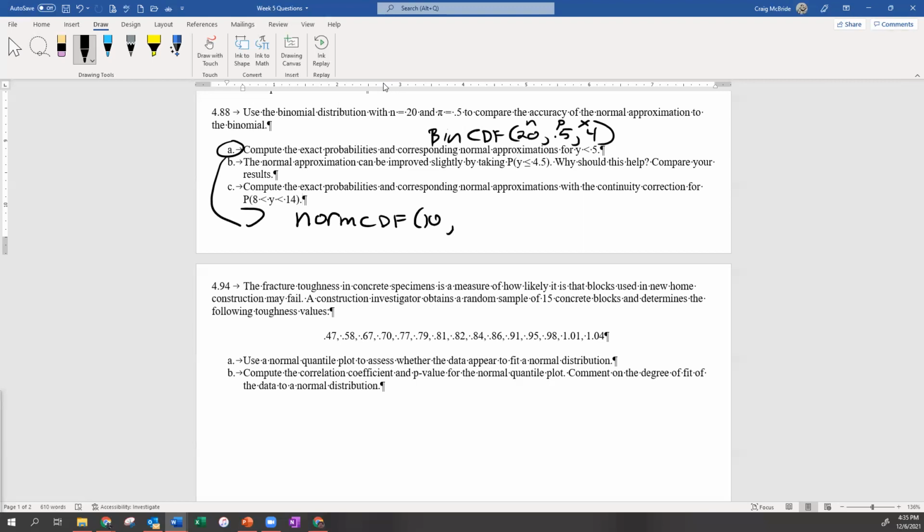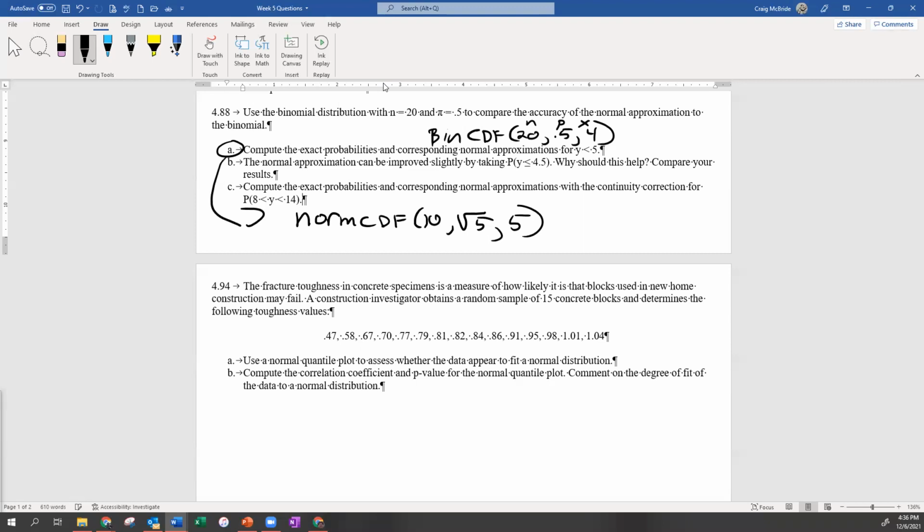The standard deviation is the square root of 20 times a half, which is the square root of 5. And then when you're trying to approximate this, your x is 5, because you want the area less than 5. So in the normal curve, you do less than 5, and you'll see that it's not close at all.